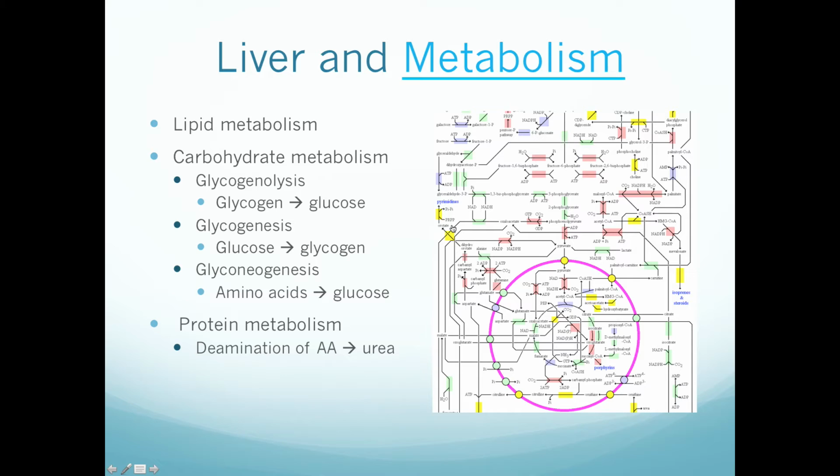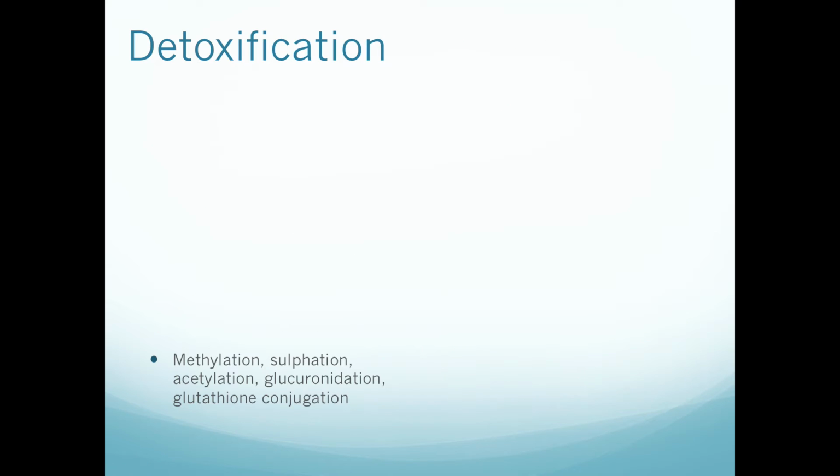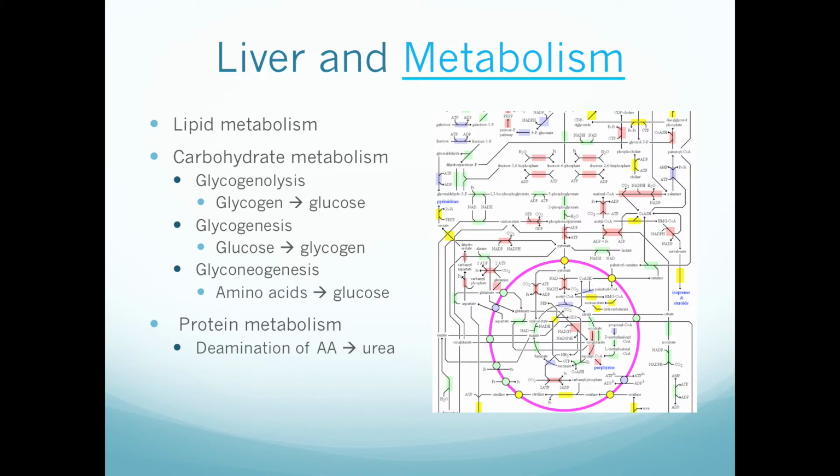When proteins are metabolized, those amino acids have to be deaminated. If they're not deaminated, then they cause brain damage. They cause an encephalopathy. Usually they leave in the form of a nitrogenous waste, which is called urea. That's a large component of the urine. So that's normal metabolism.